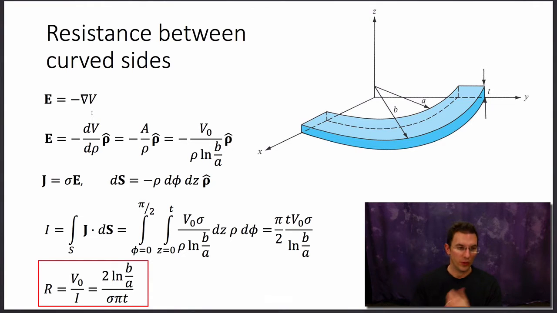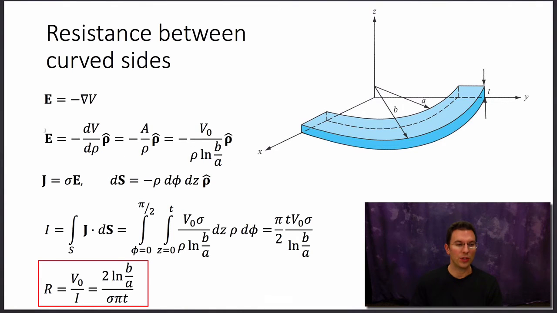For this particular coordinate system, since we don't have changes in z or phi, this equation reduces to just a first derivative with respect to rho in the rho hat direction with a minus sign. Substituting in the particular form of V that we have, this becomes minus A over rho, rho hat. Substituting in for A, it's minus V naught over rho natural log of the ratio of b to a, in the rho hat direction.